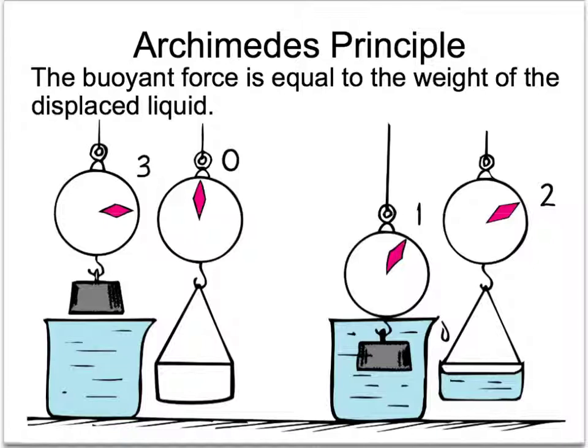There's an idea called Archimedes' Principle, devised by a guy named Archimedes several hundred years ago. He said that the buoyant force is equal to the weight of the displaced liquid.